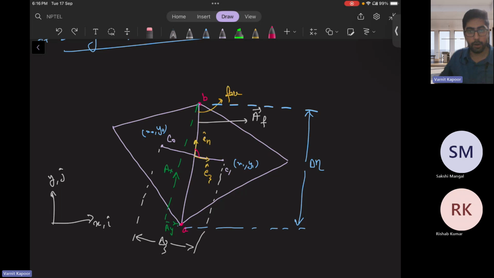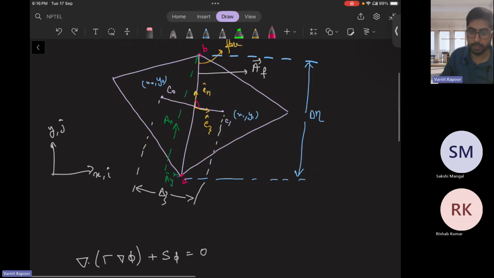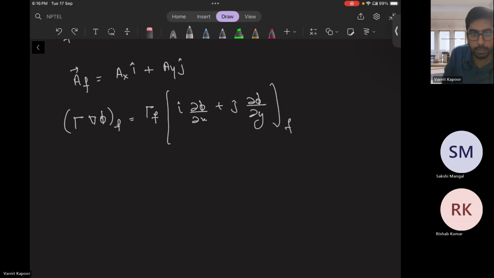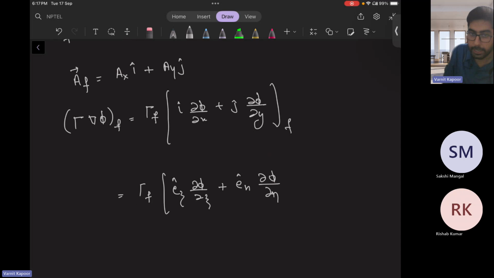So how can I write the gradient? Let us see how we will write the gradient now. Suppose I'm trying to write gradient of phi at the face f as e zeta hat dou phi by dou zeta plus e eta hat dou phi by dou eta, at that face.